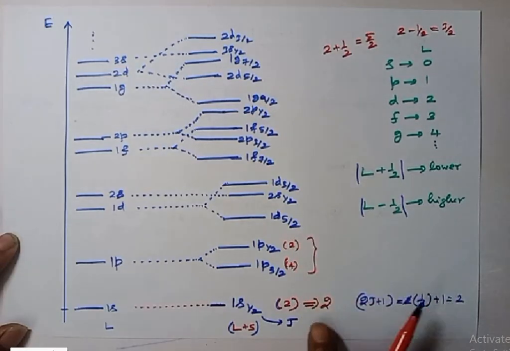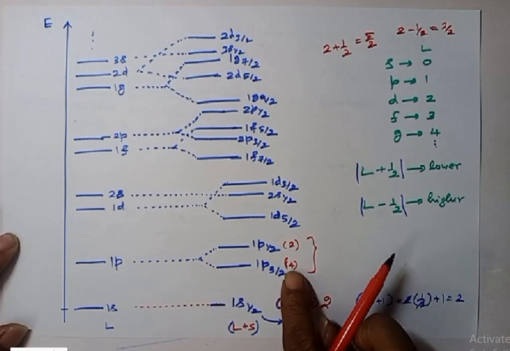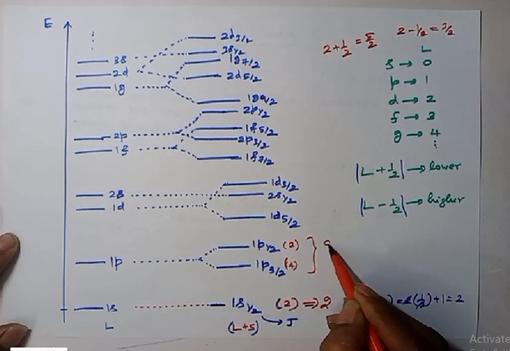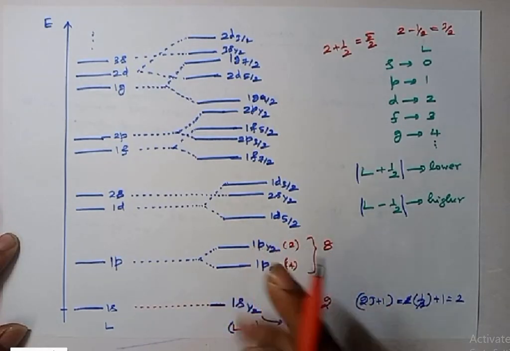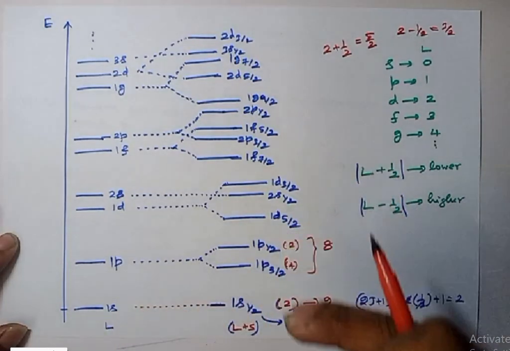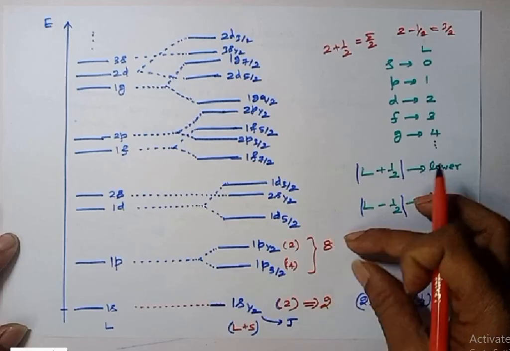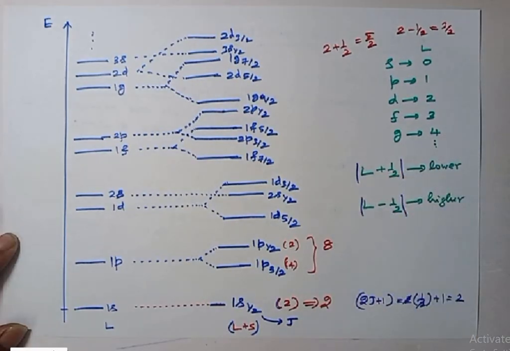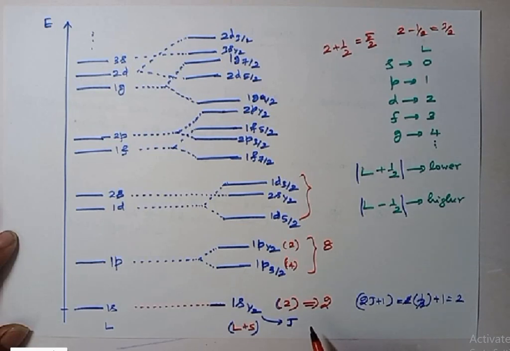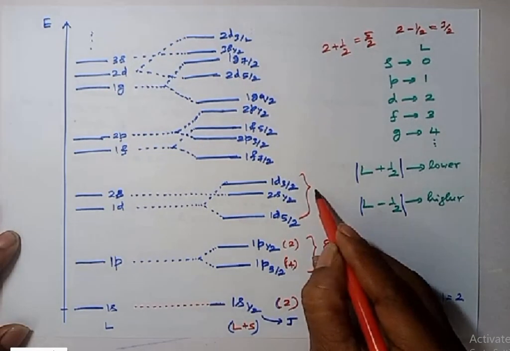From the base, 2 plus 4 is 6, 6 plus 2 is 8. Up to this I can place a maximum of 8. What about this? Up to this we can place a maximum of 20.